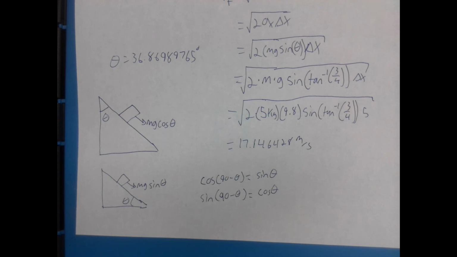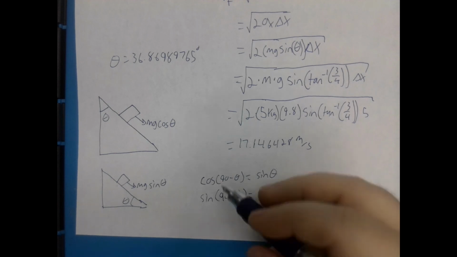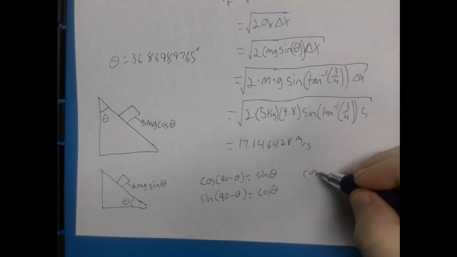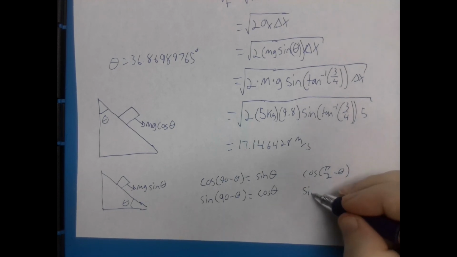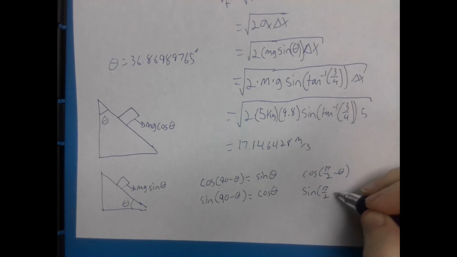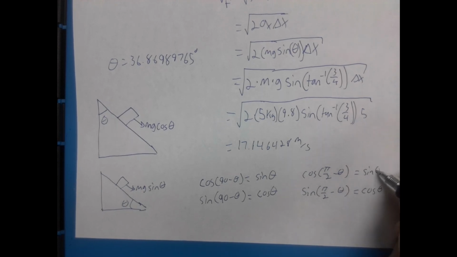But generally, you don't want to do this. One of the main reasons you don't want to do this is that in real science, we don't use degrees. We use radians. So we would do cosine of pi over 2 minus theta, and the sine of pi over 2 minus theta is equal to cosine of theta and sine.